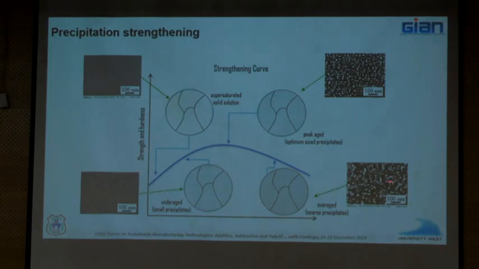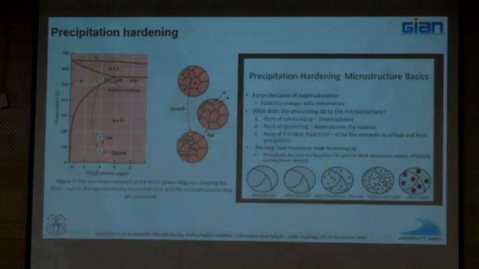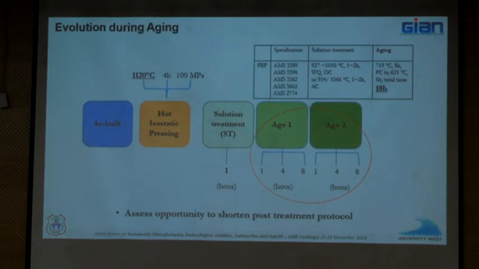This is when we do it for too long and get very coarse precipitates. So we were trying to hit this particular peak aging condition, and that was the motivation. As you know, precipitation happens because of supersaturation, and that's a condition you need to reach.